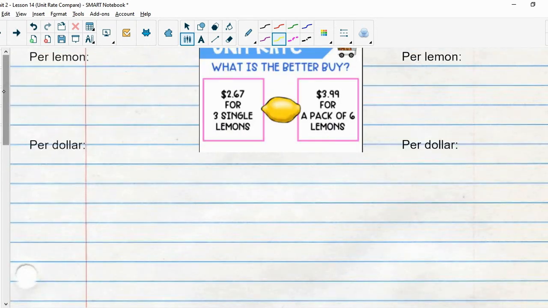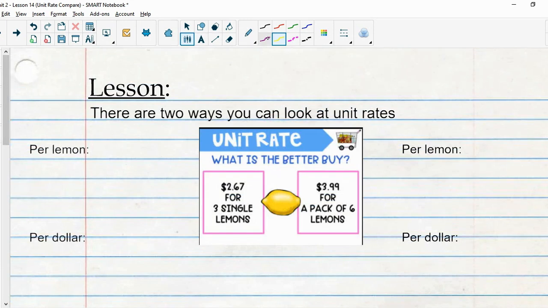So now I'm showing you a different way of looking at unit rate. It's not that different actually, but it's a second way of answering the question: which is the better buy? Yesterday we did the math already. Very quickly, if it's per lemon, that means lemons at the bottom, so what's at the top?